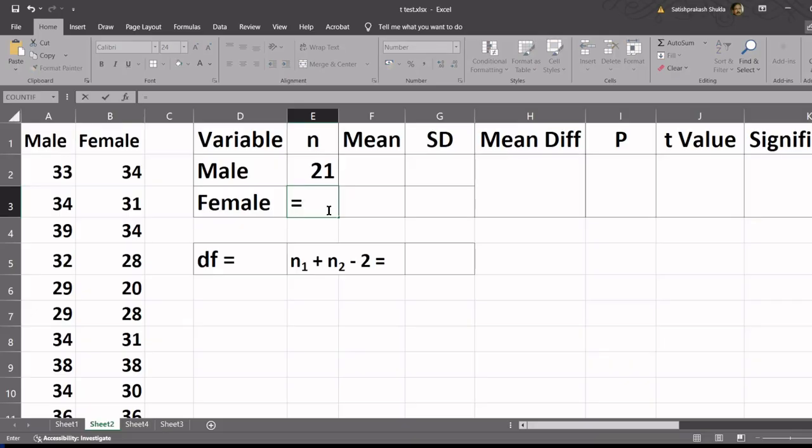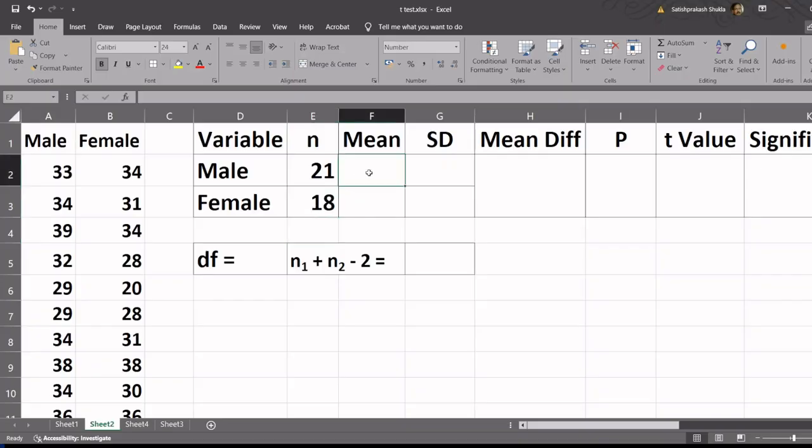For that, the same function equal sign COUNT and data range B2 to B22, bracket over and enter key. Here B was not written, B2 to B22. So, this is n of female teachers, 18.